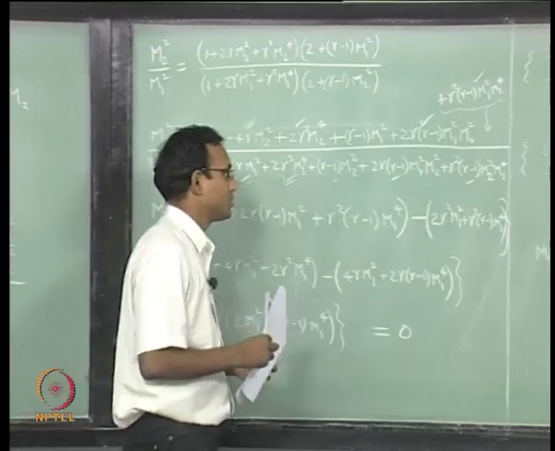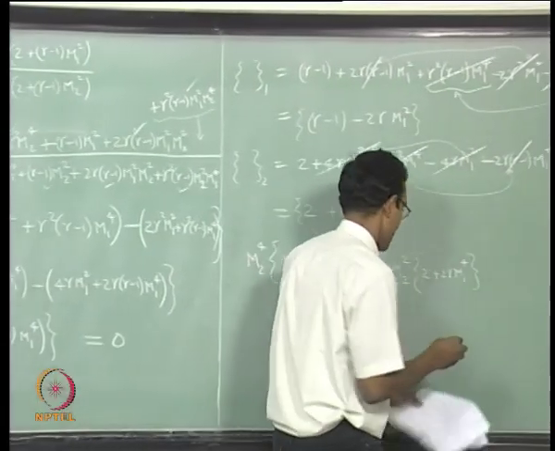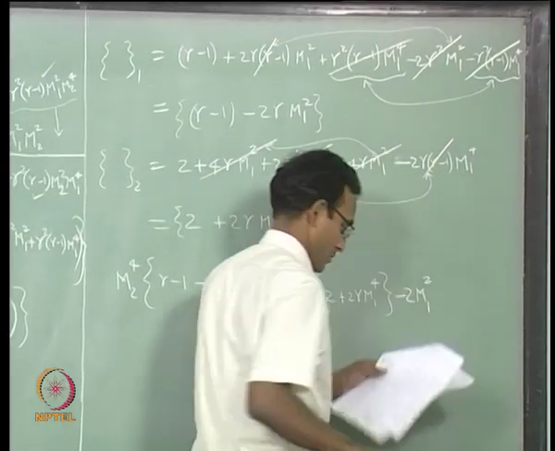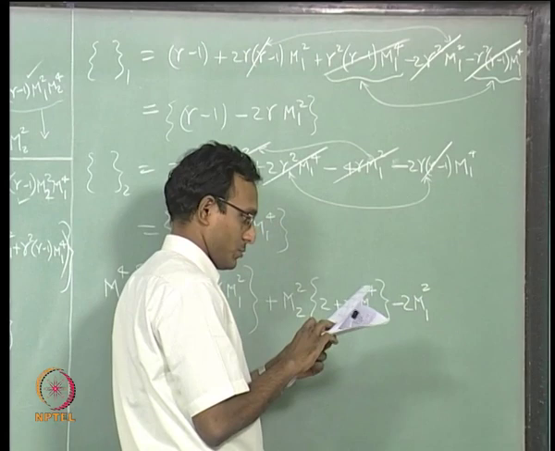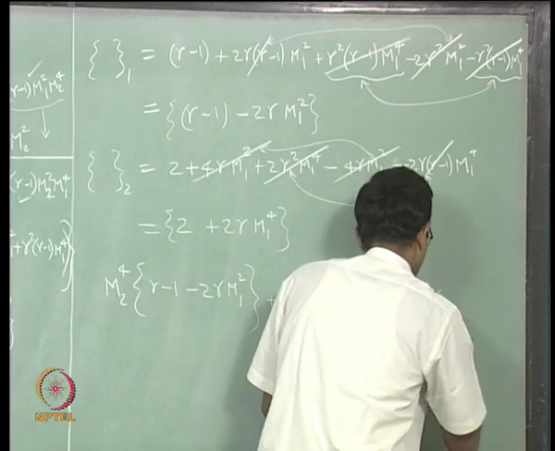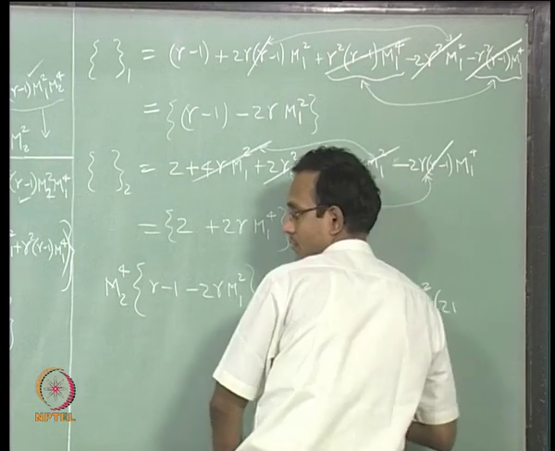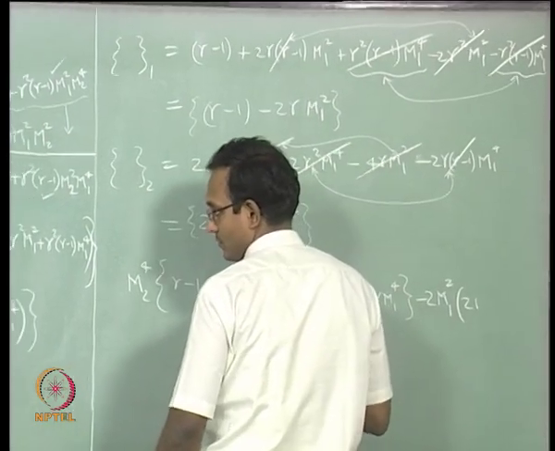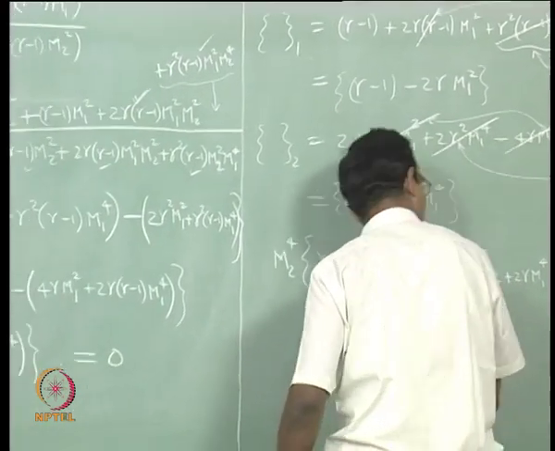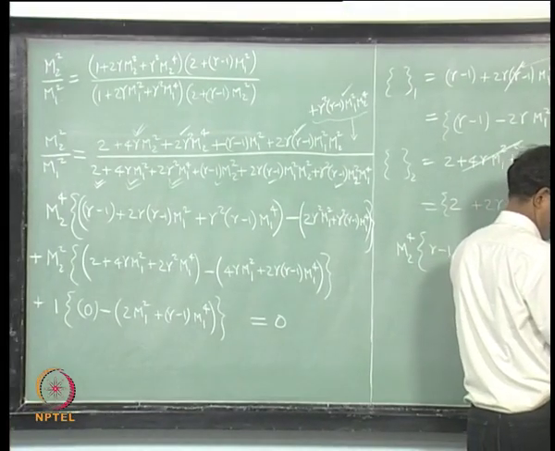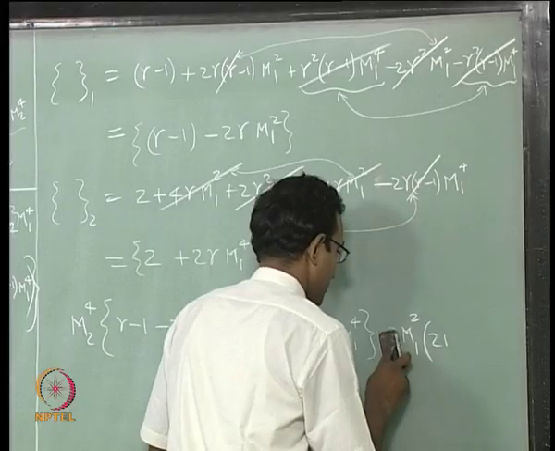So it will become minus 2 m1 square times, no, there is no 2, sorry, if I pull out a 2 then it will be gamma minus 1 by 2, we will keep it like this.